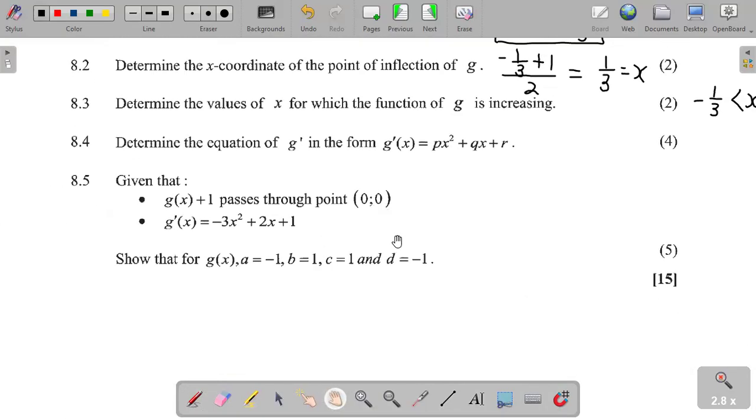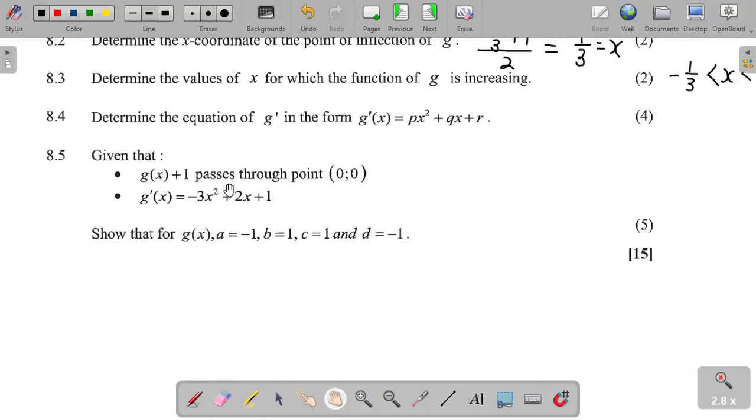And then 8.5. Okay? So they say, given that g of x plus 1 passes through point (0, 0). So it passes through the origin, and g prime of x equals negative 3x squared plus 2x plus 1. Solve for g of x.